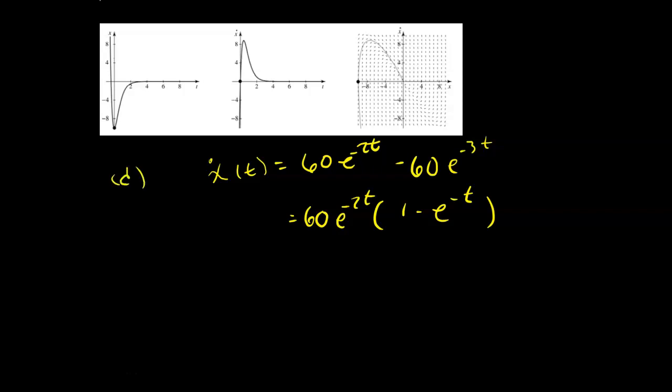This is part 2 of our problem. As t increases, x dot is always positive. And that makes sense here because when t is 0, this part right here is 0. But then as it increases, this internal part here is always positive, since this e to the negative t is going to be less than 1 for positive t's.